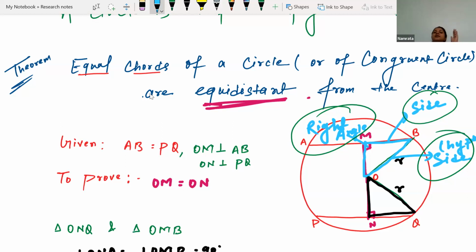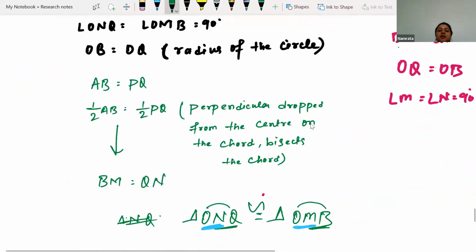If one chord in a circle is 6 centimeters and another is also 6 centimeters, then both chords will be at the same distance from the center. Apart from keeping in mind the process of the proof, you also need to apply this theorem here and there.